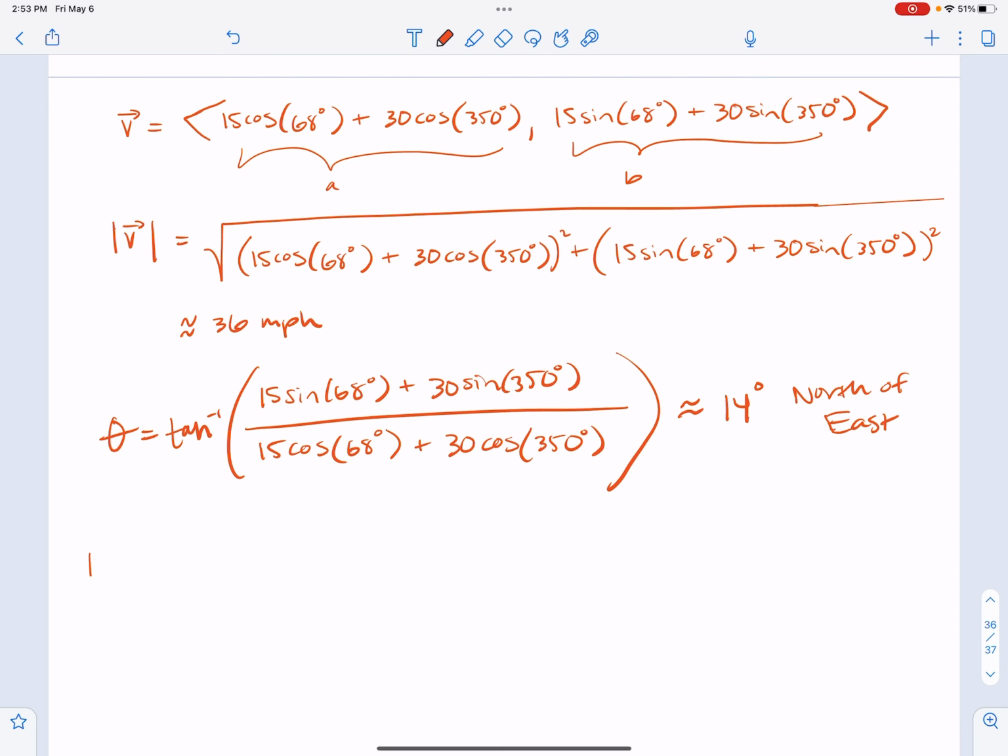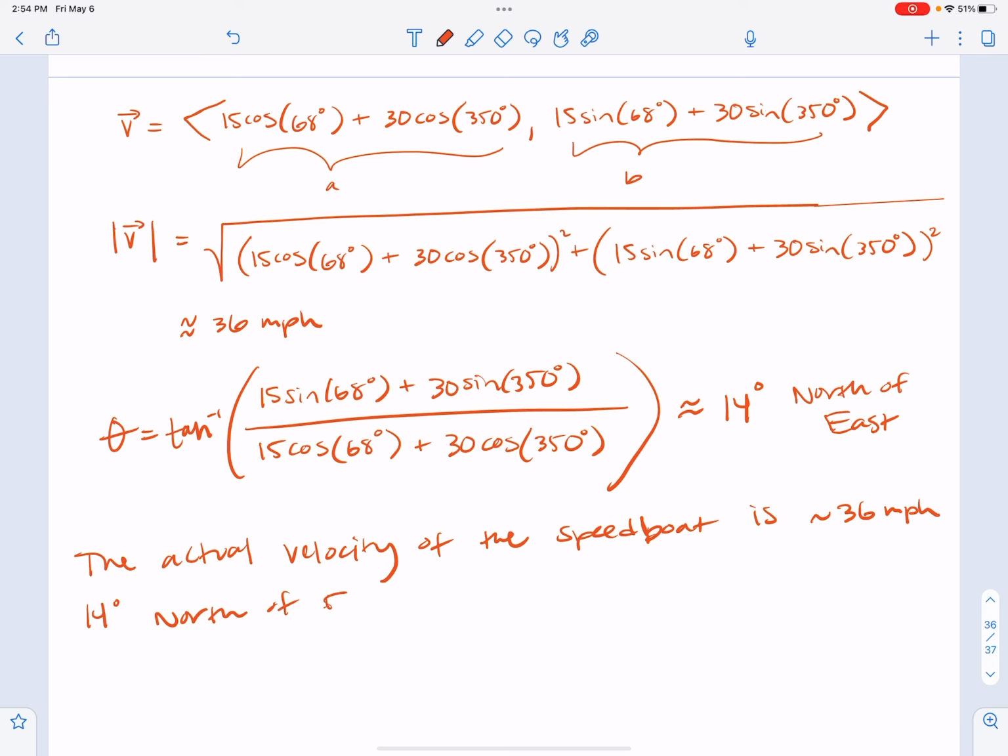So we can say that the actual velocity of the speedboat is approximately 36 miles per hour, 14 degrees north of east. Or something that makes sense. Could have also said about 76 degrees east of north.